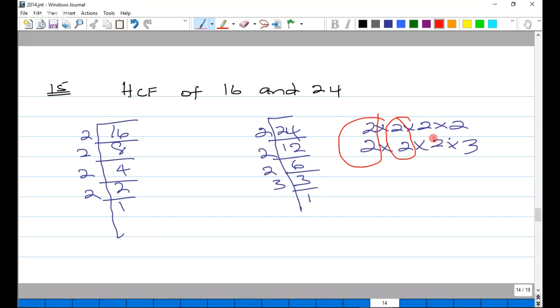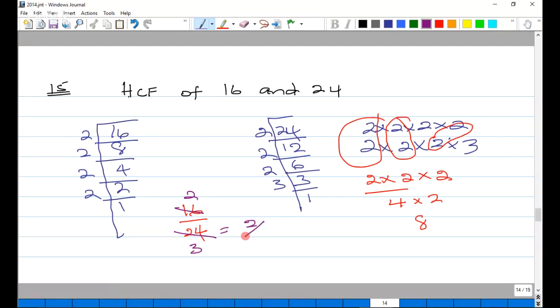So 2 times 2 times 2. 2 2's 4. 4 times 2, 8. So if I had the fraction 16 over 24, for example, it would mean that 8 could go into 16 all of 2 times, and 8 could go into 24 all of 3 times, helping me to reduce that to 2/3. So the highest common factor is equal to 8.